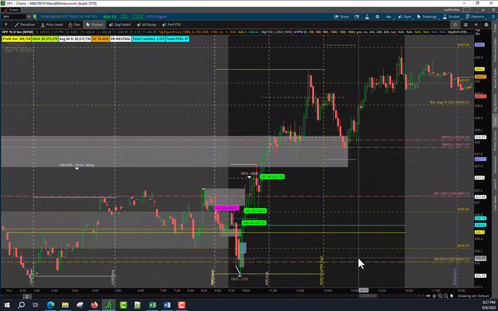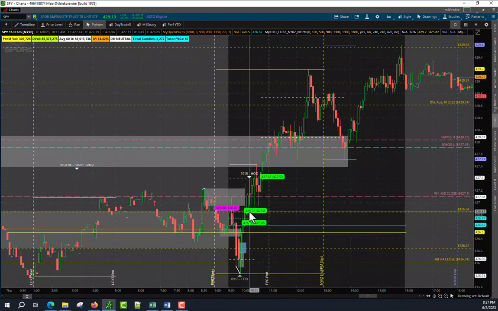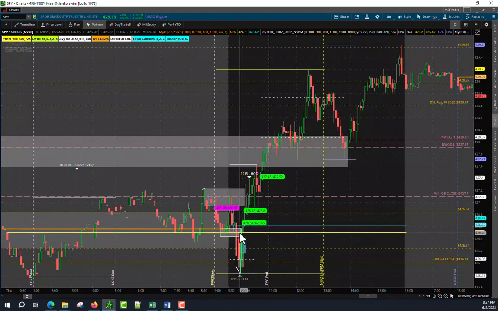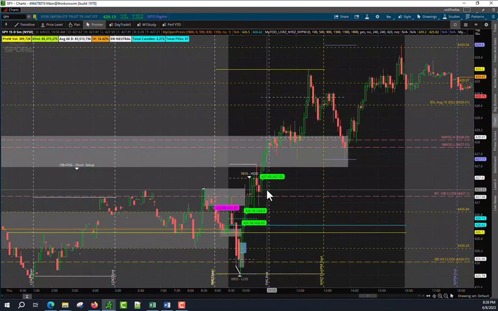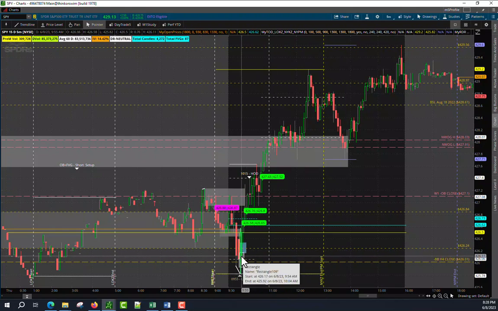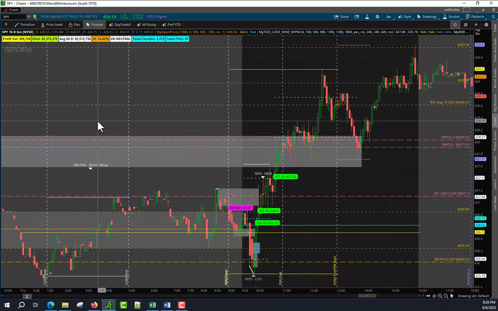Let me see. Oh, there is the fair value gap right there. So we can take this here. Let's see how we enter the long entry on the 5-minute time frame. Then it's set up to do such a thing.